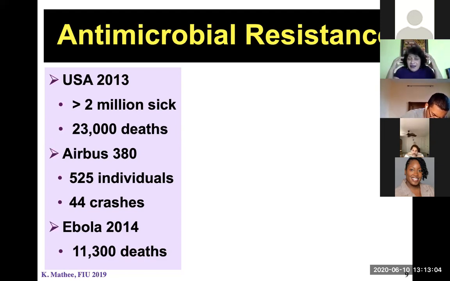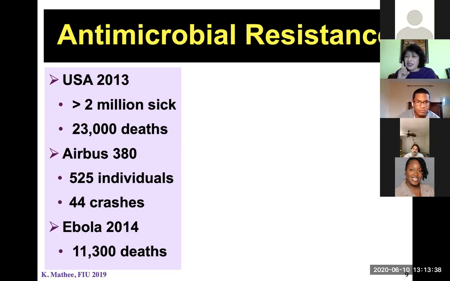I mean, we can't wrap our head around over 100,000 deaths due to COVID-19, right? And literally, you can wipe out an entire suburb in Miami with that kind of death. So if you still can't wrap your head around it, you tell people, an Airbus 380, if you fill it up to maximum with the stewardesses and the pilot and everybody, can hold 525 individuals. 23,000 equals 44 crashes.